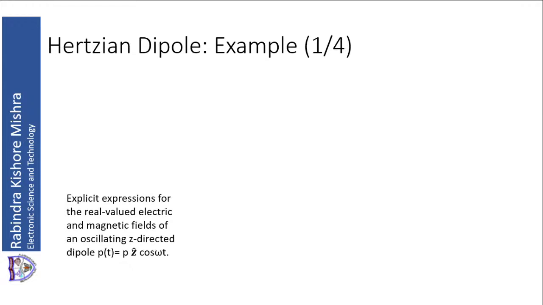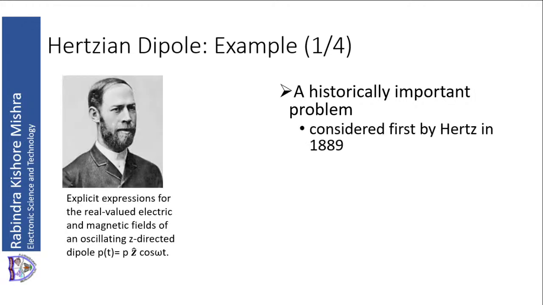They were obtained historically. This is a historically important problem. In history, they were obtained by James Clerk Maxwell, and then by Heinrich Hertz following Maxwell. Maxwell predicted that electromagnetic fields exist, the E and H fields.